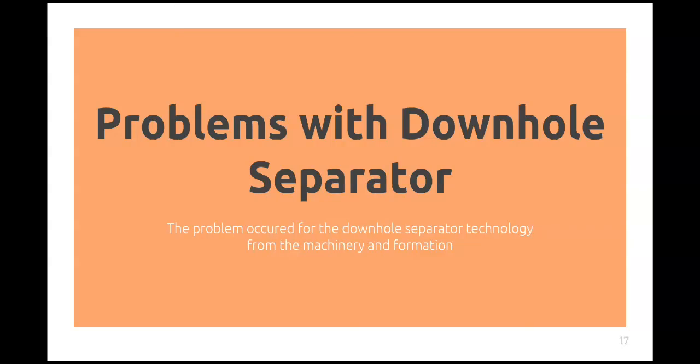Not all technologies have all the advantages. There are also problems with downhole separators. Mostly the problems occur from the machinery of the technology, and also the problems come from the formation.